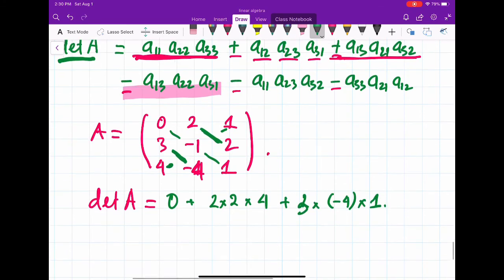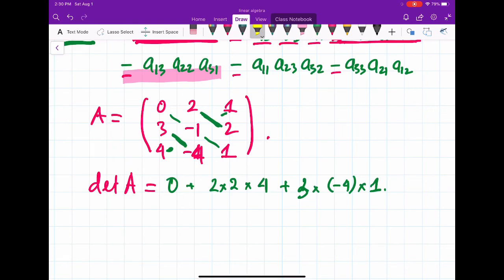So you have 3 terms with respect to the main diagonal. Now let's move to the other diagonal. I have 4, negative 1, and 1 with the negative: minus 4 times negative 1 times 1. And then negative 4, 2 with the 0, so that is just 0, I don't write it.